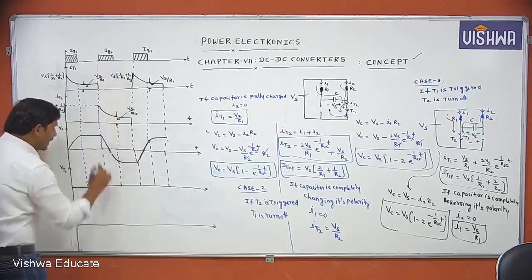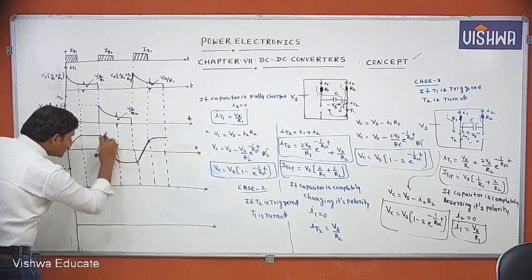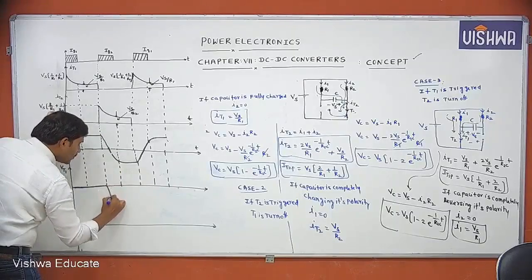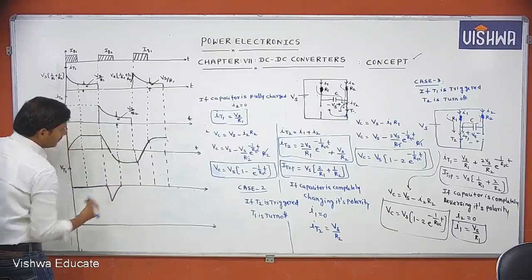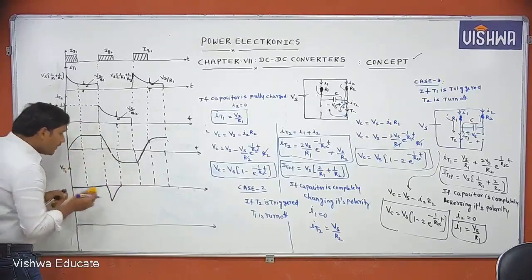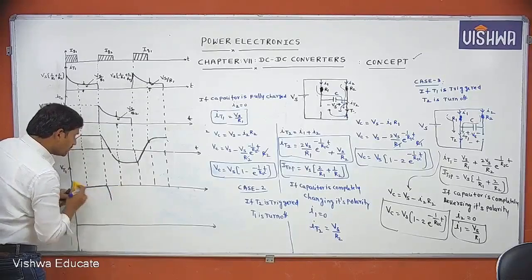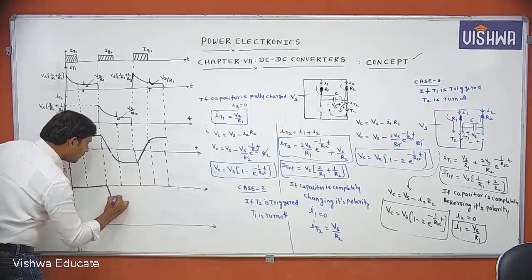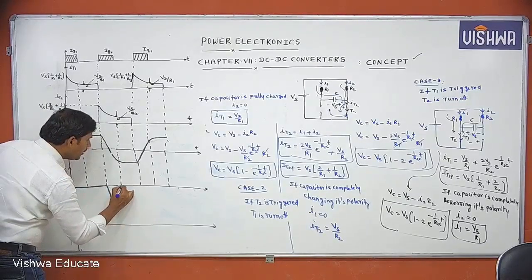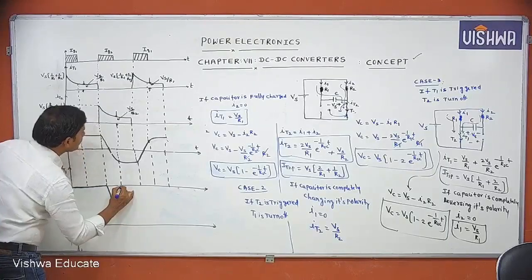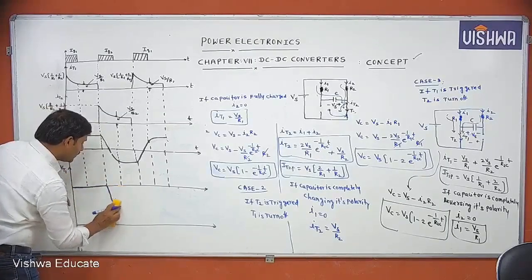Whenever T2 is triggered, suddenly this voltage will appear across T1. A reverse voltage will appear across T1.